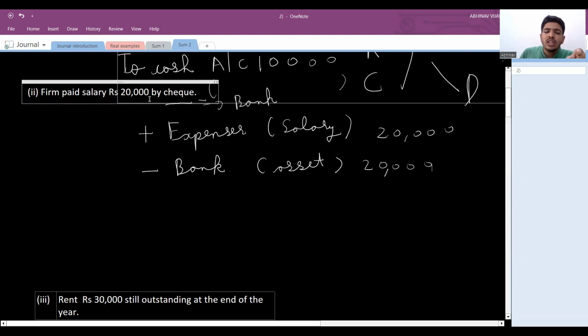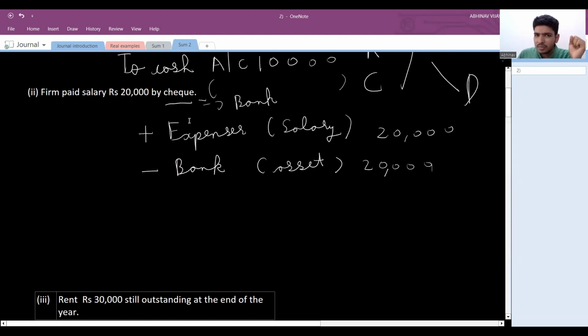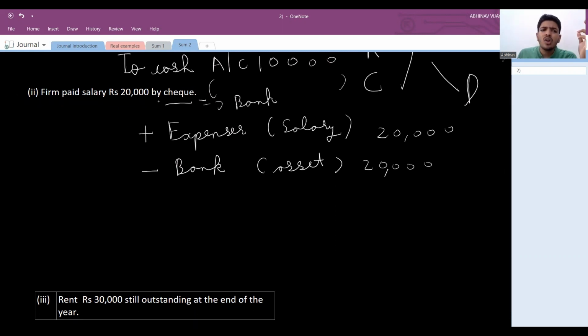How do you know that this salary paid is not prepaid? How do you know the benefit of this salary is taken? The reason is, whenever the question is given blatantly, you always assume that the benefit of this expense is already taken. That is already an expense. Don't assume it as advance salary and all. Whenever they ask this and don't mention anything else, they just say salary paid or any expenses paid, assume the benefit of the expense is already taken, so it is a clear-cut expense.